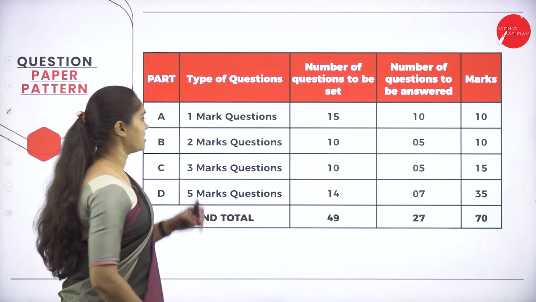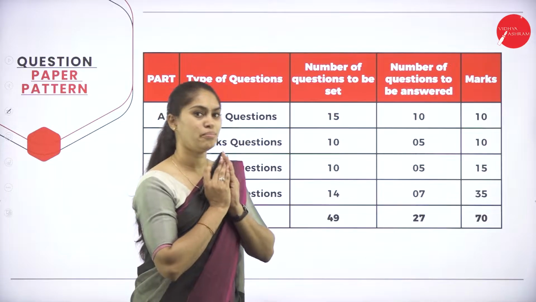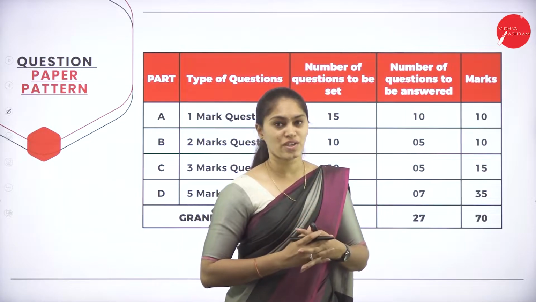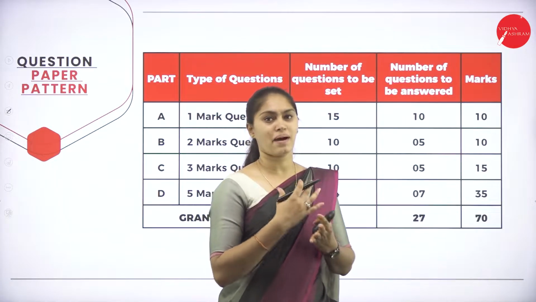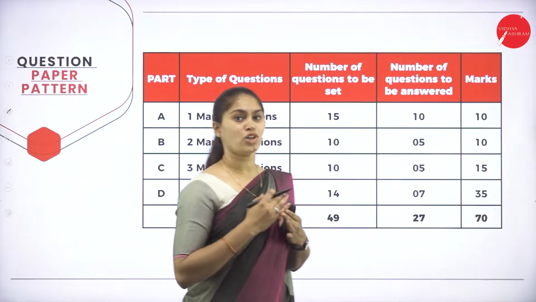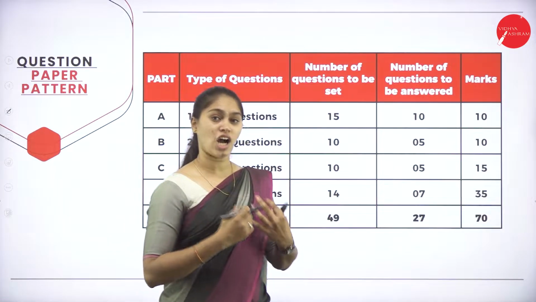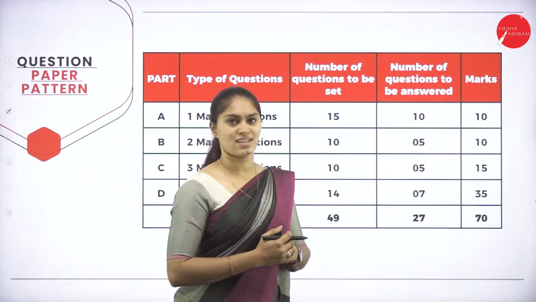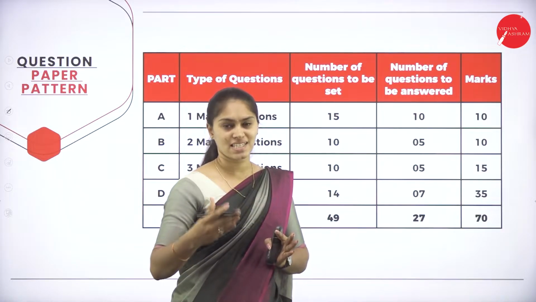So this is just a blueprint of how the question paper will be. That means what part A consists of, the number of questions set and how many questions we are supposed to answer, and the same regarding parts B, C and D.